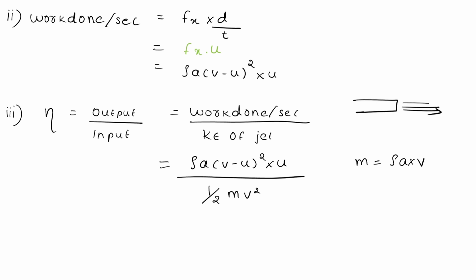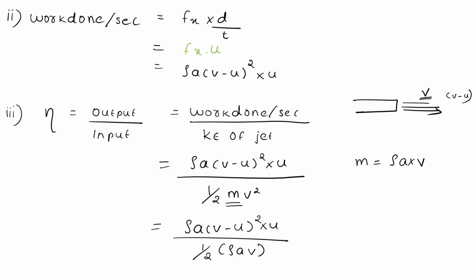For the kinetic energy of the jet, we have to consider the velocity from the nozzle. It is striking with the velocity v, so we have to consider v, not v minus u. So mass is equal to rho a v. So the equation will be rho a (v minus u) whole square into u by half, m I can write as rho a v, into v square. So this is the efficiency.